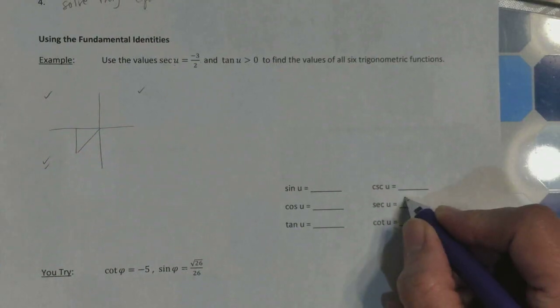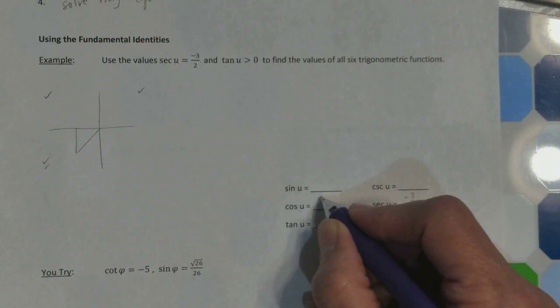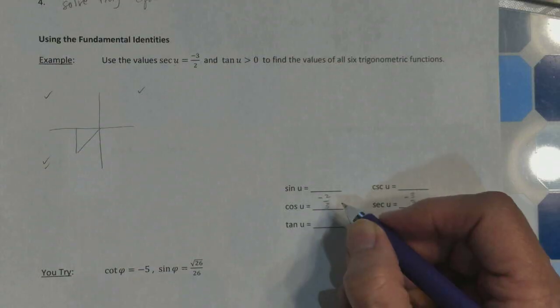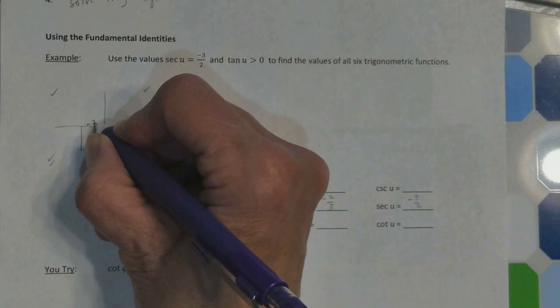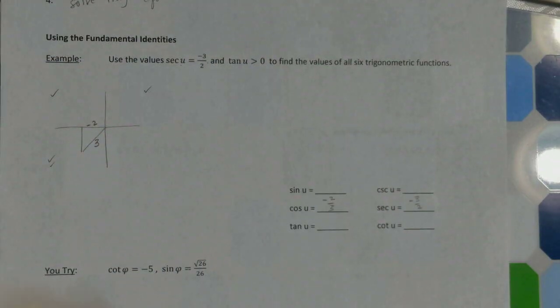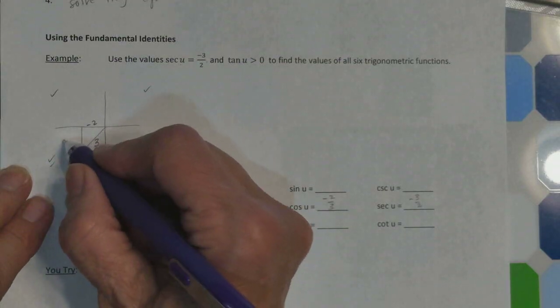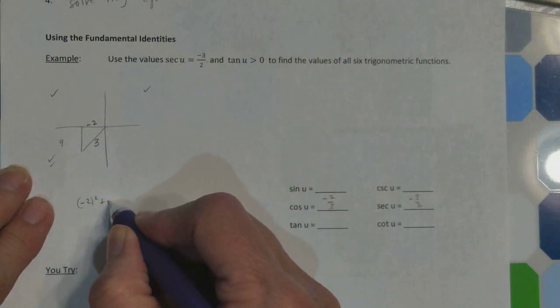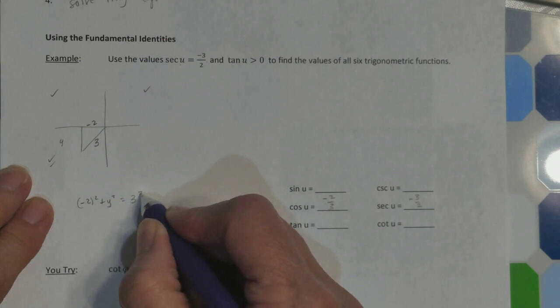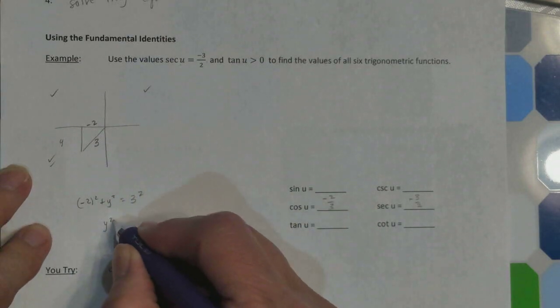So we know that secant is -3/2. That means cosine is -2/3. That means this side is 3. This is -2. And we need to do the Pythagorean theorem to find this y value. So -2 quantity squared plus y squared is 3 squared.